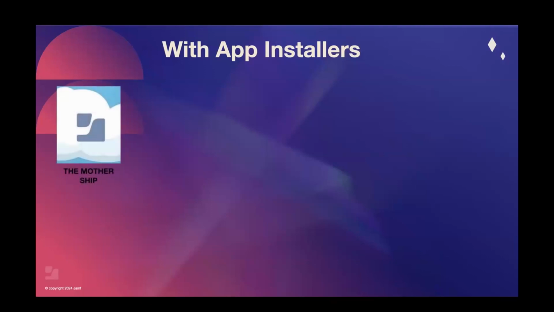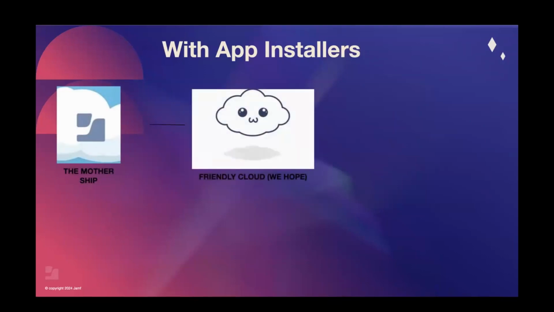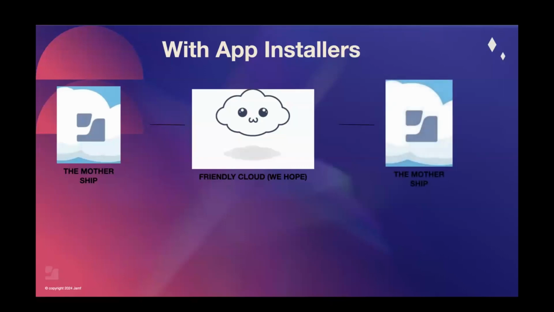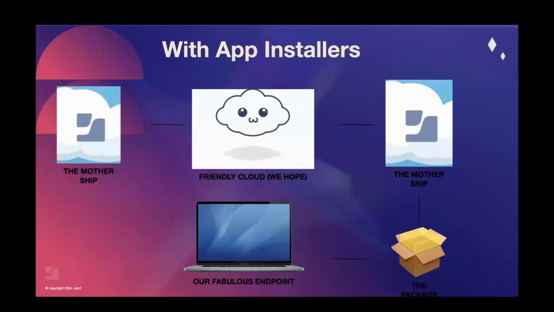With app installers, the mothership goes directly to the vendor endpoint and negotiates whatever installer they're going to get. It brings it down to the mothership, which gets the package. And then once we create that repository and scope it out, and we'll talk about scoping because it's not very apparent to a lot of people, it eventually gets to our fabulous endpoint.